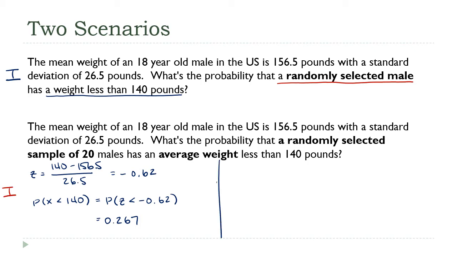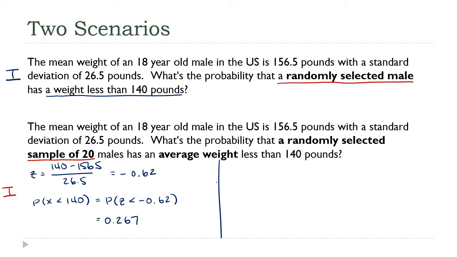Now, this next one, the setup is the same. I'm told the mean weight of an 18-year-old male. I'm told the standard deviation of that population. But now I'm asked about the probability that a randomly selected sample of 20 males, now I'm talking about a group.